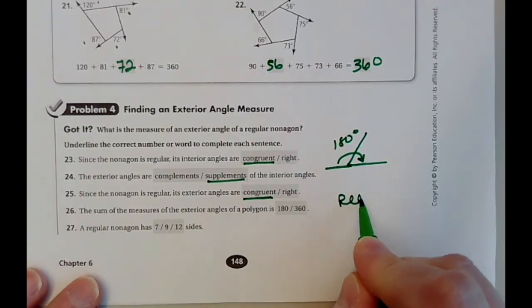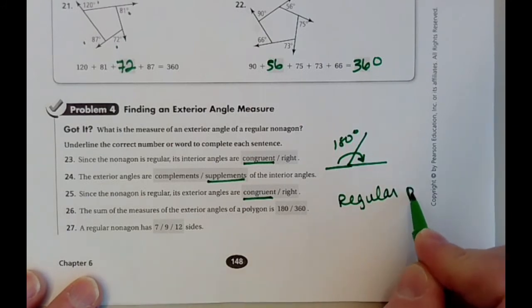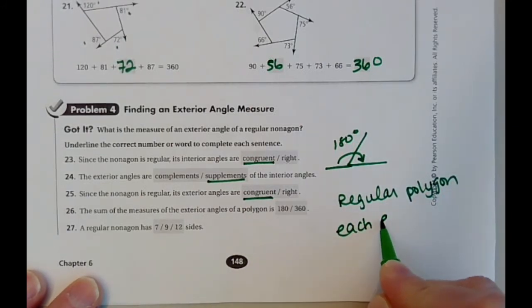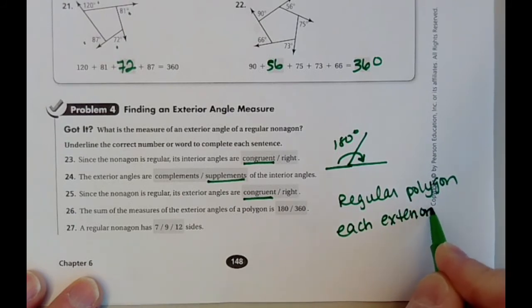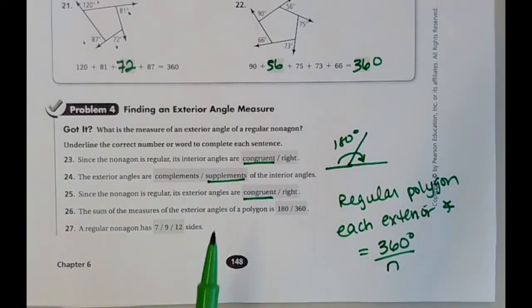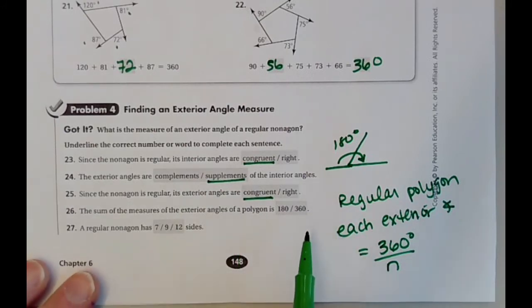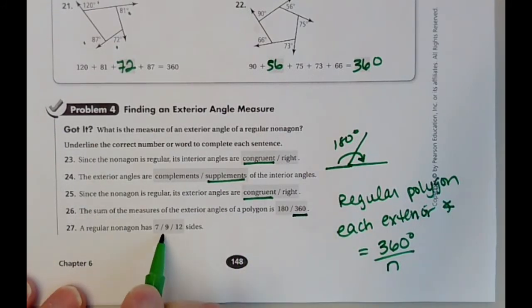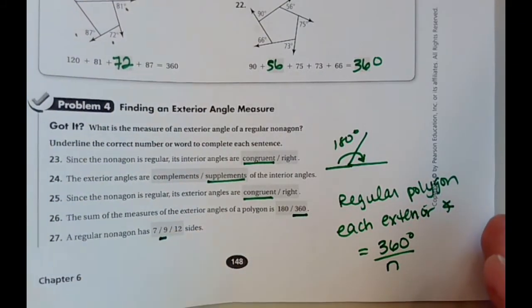Okay, so in a regular polygon, each exterior angle is 360 divided by the number of sides. The sum of the measures of the exterior angles of a polygon is always 360, and a regular nonagon has 9 sides.